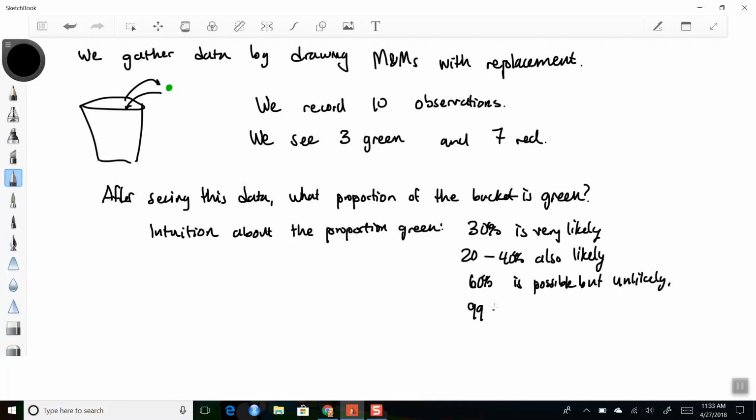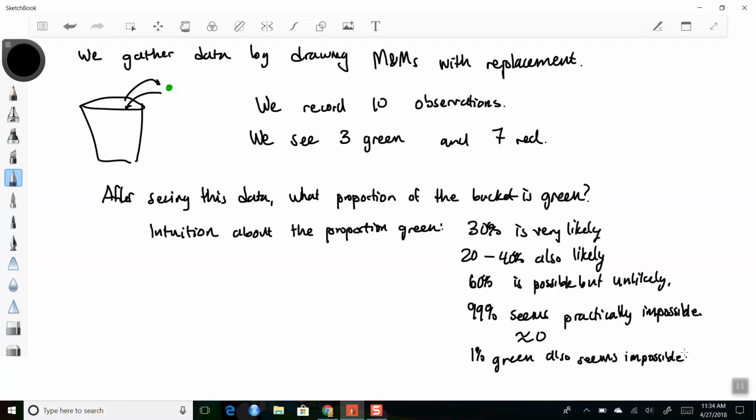Okay, and then 99% seems practically impossible. Not 0, but close to 0, okay? And then also the opposite, only 1% green also seems practically impossible, right? There could be 99 red M&Ms and 1 green, and just by some freak coincidence, we happen to draw the green one 3 times, okay? Highly unlikely, also seems impossible. Technically not 0, but pretty much 0, okay?